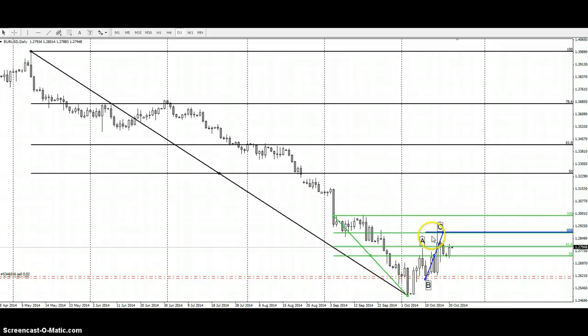So it appears that this high here was a C point correction, which basically says that, or we would hope that, the market would potentially go back down and could break the B level here, which would confirm the C point, and resume its downtrend.